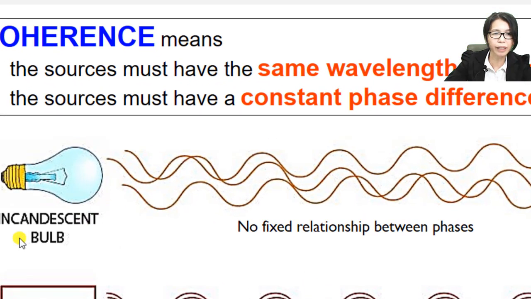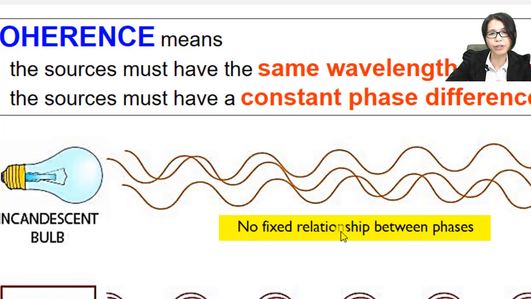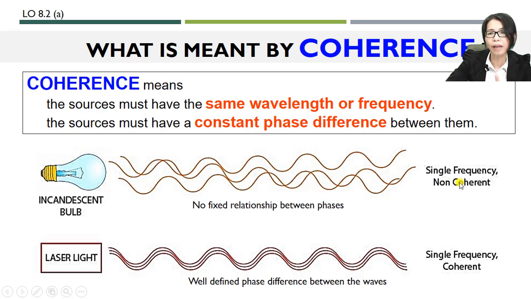For example, for the light bulb shown below, for the light waves emitted from the light bulb, you find that there is no fixed relationship between the phases of all these waves. So we consider this a non-coherent source, even though they might have a single frequency.